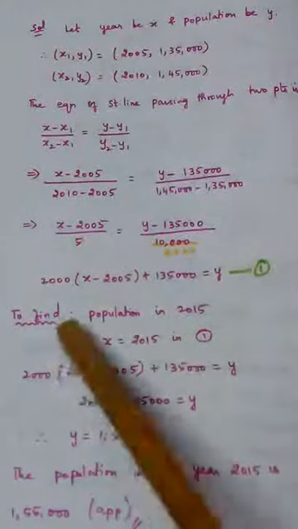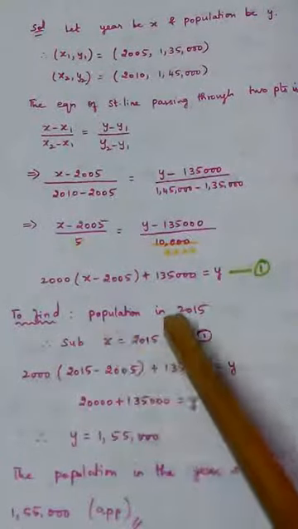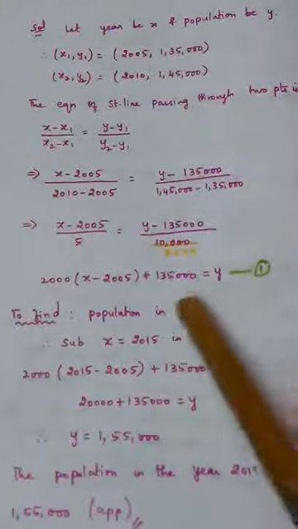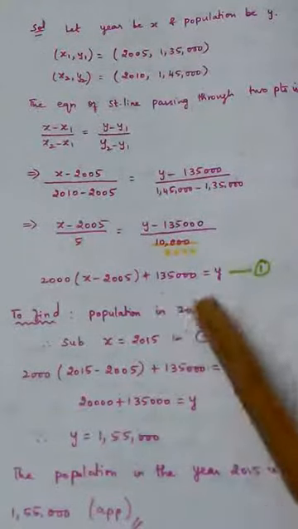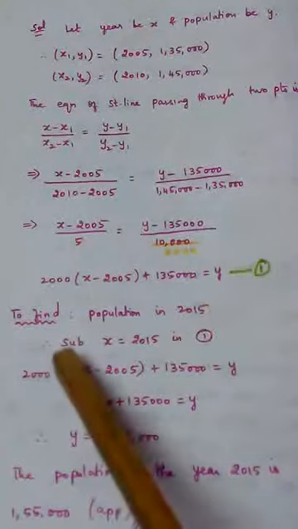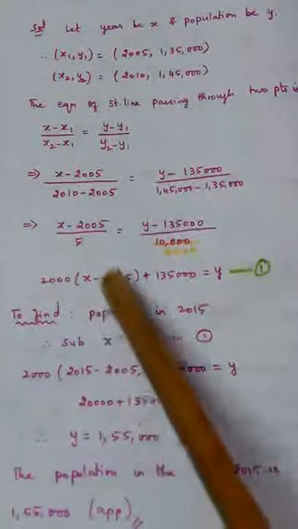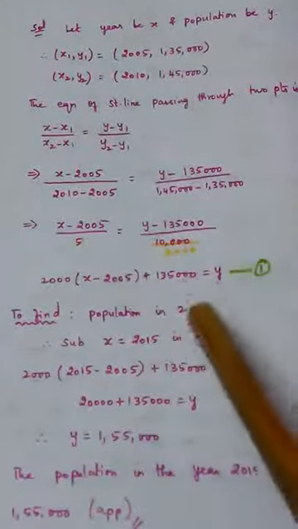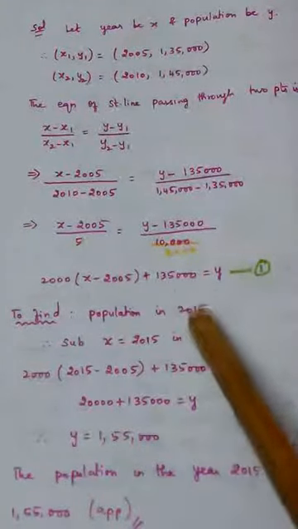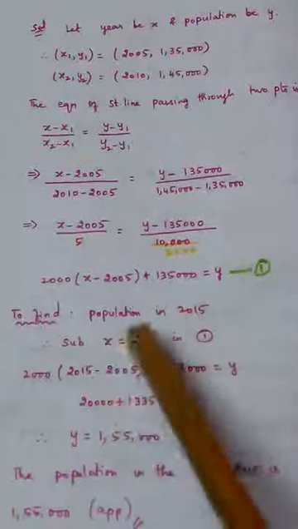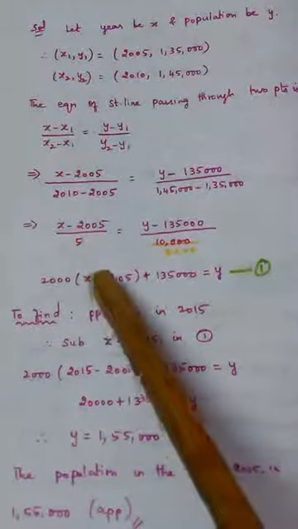What we need to find is the population in the year 2015. Year is the symbol x, so I am going to substitute x equal to 2015 in this equation. Since year means x for us, in this year we need the population.